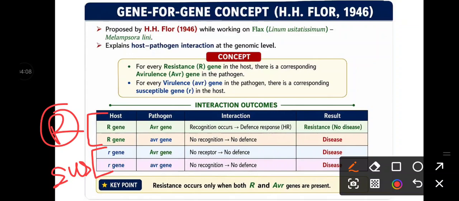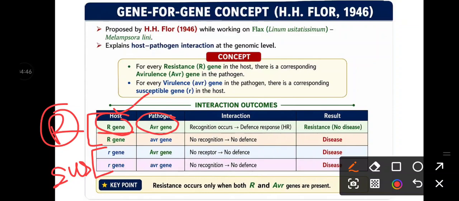So when the host is resistant, meaning the R gene is present, and the pathogen is also avirulent, avirulent means the pathogen is producing some kind of elicitor or PAMP molecule that can be recognized by the receptor of the host. The R gene is nothing but a proteinaceous receptor molecule that recognizes the pathogen and ultimately triggers the ETI response as well as other plant defense responses.